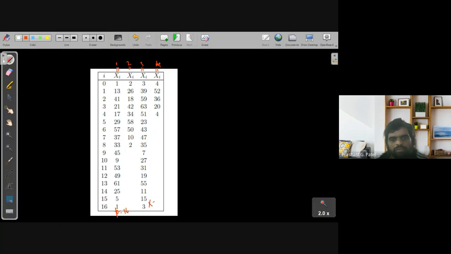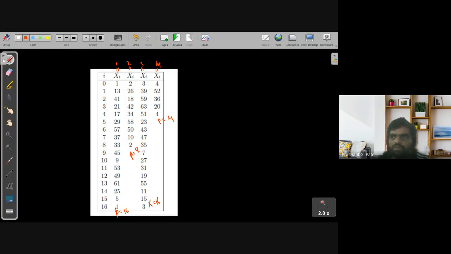For x equal to 3, the period is also 16. For x equal to 2, the period is 8, and for this one, it is 4. So if you choose a different seed, the period of the random numbers will be different.